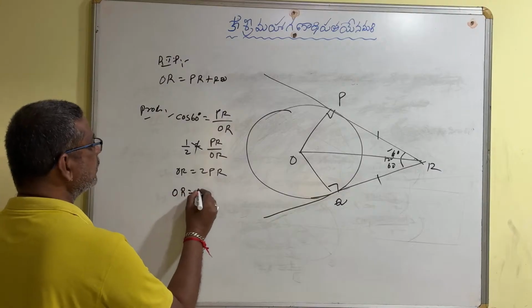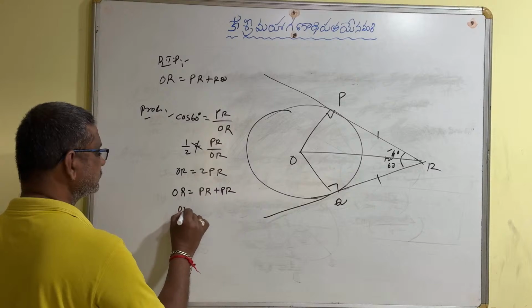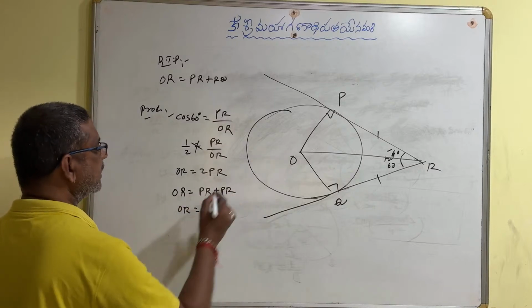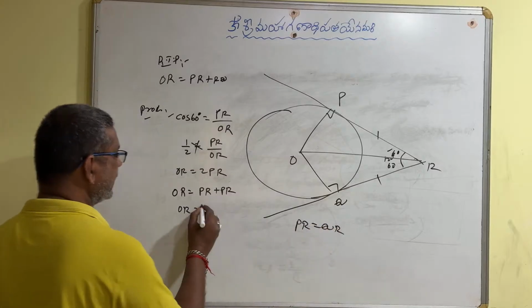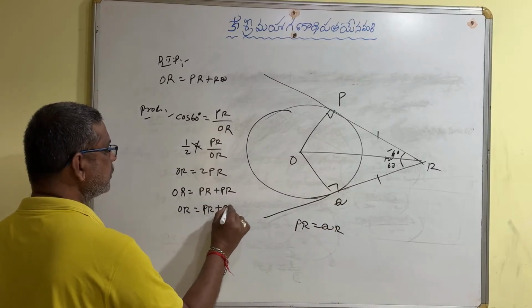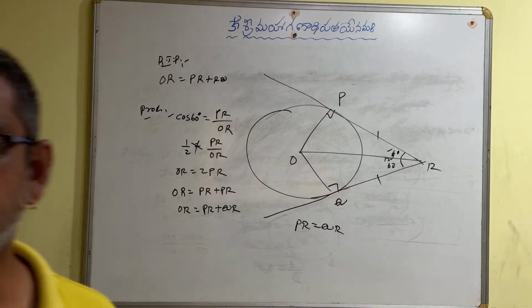Then OR is equal to PR plus PR. And both are equal, PR is equal to QR. So I can write PR plus QR. Hence the problem is done.